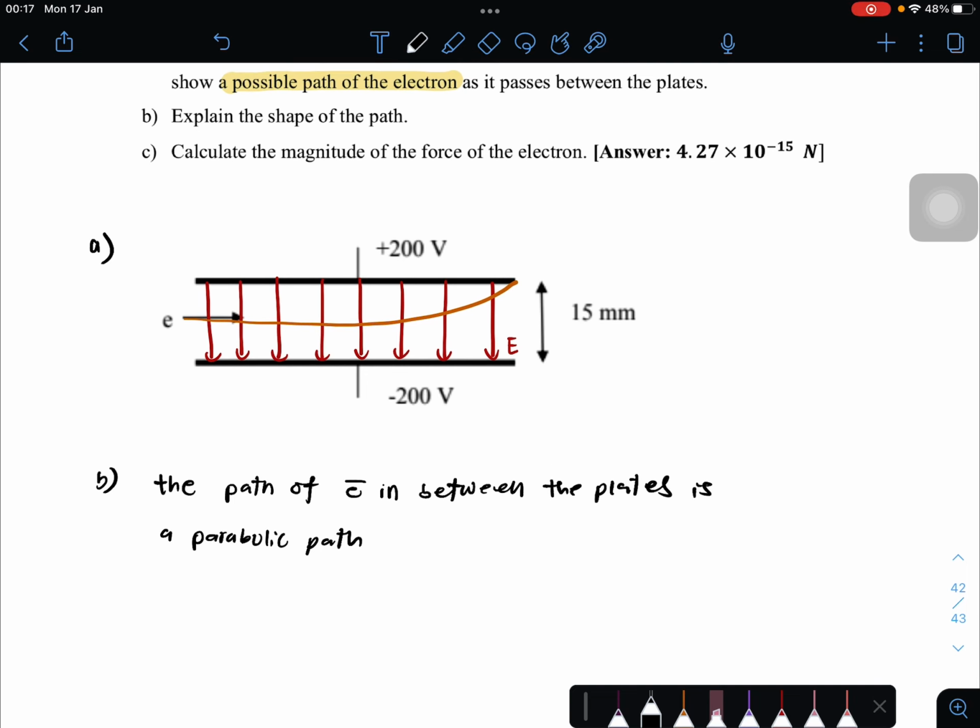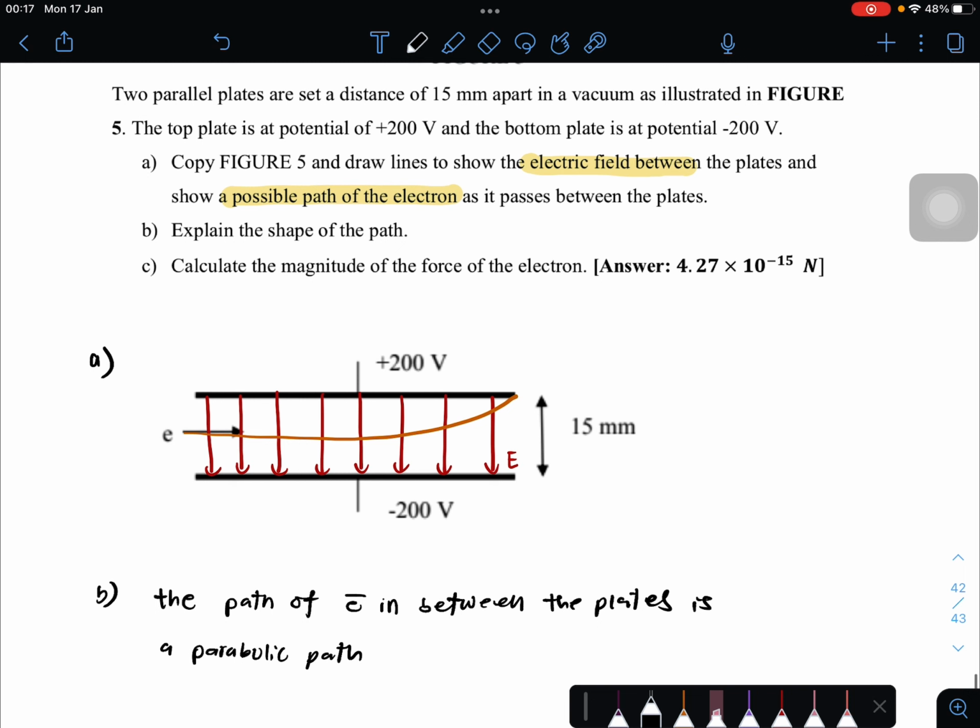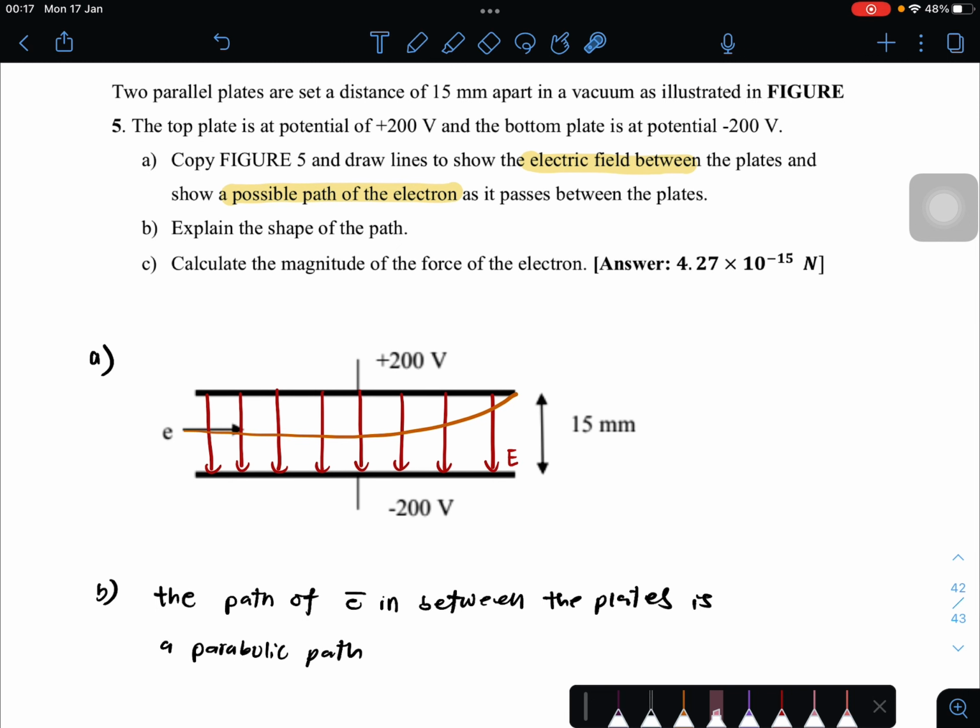Okay, and outside, it doesn't say outside. It just say that explain the shape of the path. Show possible path of electron as it passes between the plates.